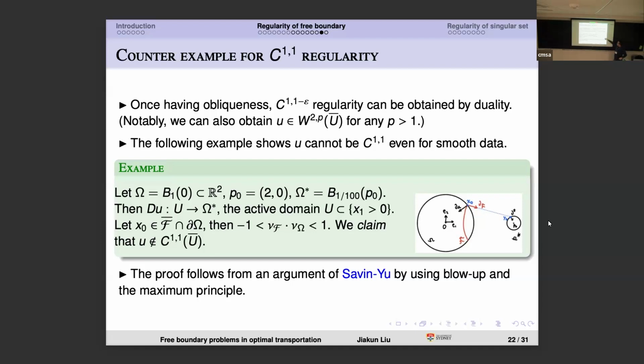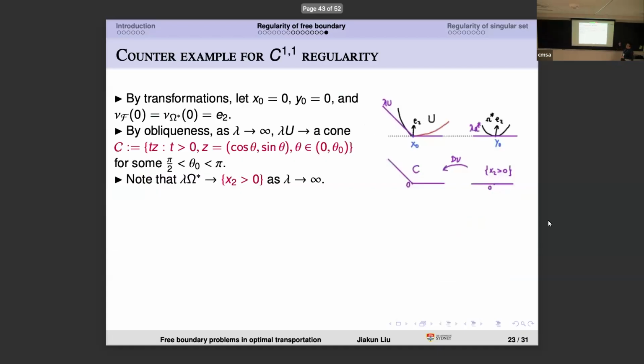Now we look at what happens at the intersection. At the intersection, by changing the coordinates, it will look exactly like this one. So once you have obliqueness, you can assume the target is in the upper half space, and the domain with the free boundary forms a wedge, it forms an angle. So in geometry, I believe this is also called a tangent cone, right?